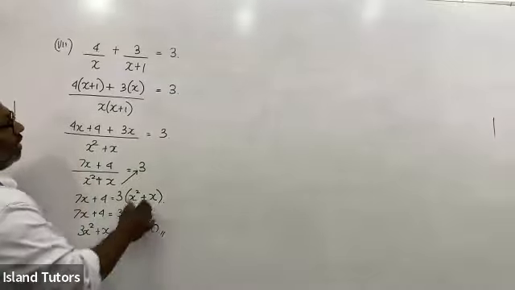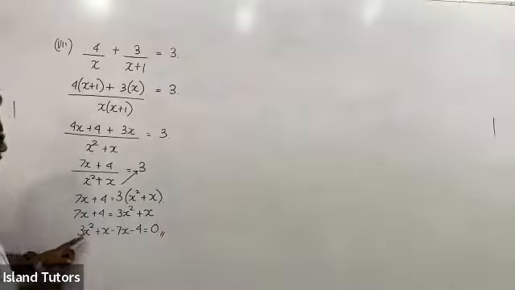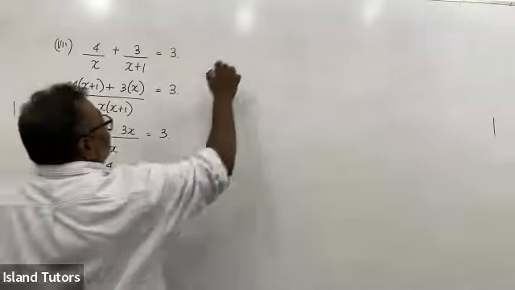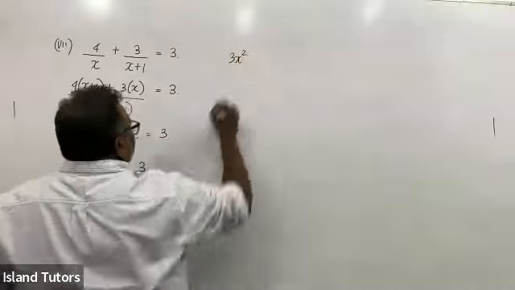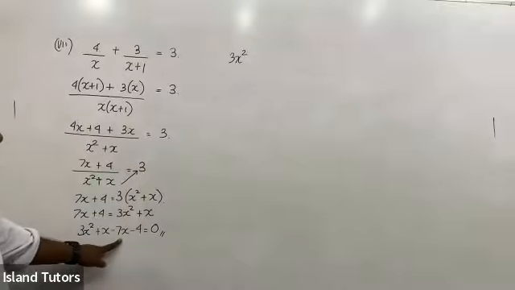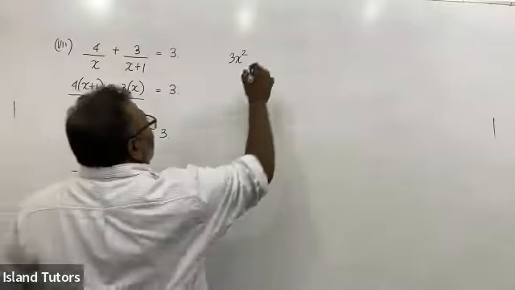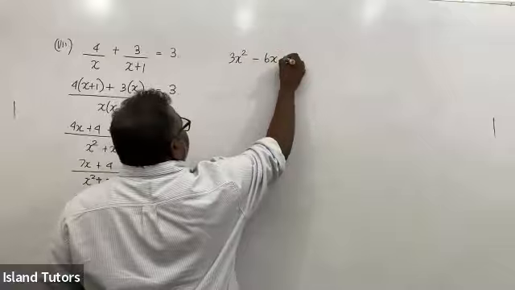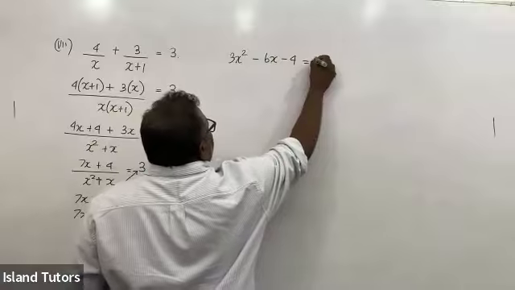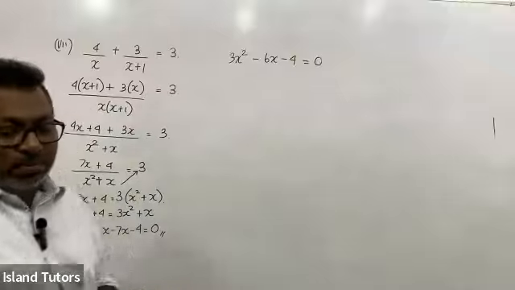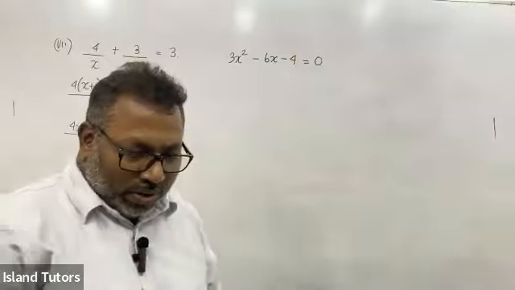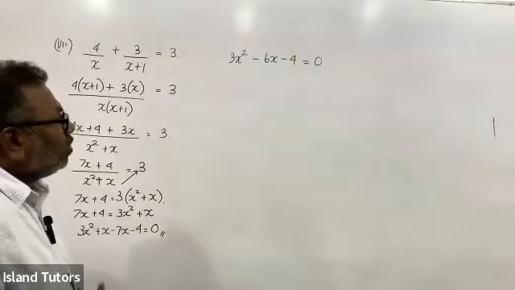Right? I'm just going to shift this to the top over here. So 3x squared plus x minus 7x, you're going to get minus 6x minus 4 is equal to 0. Okay?